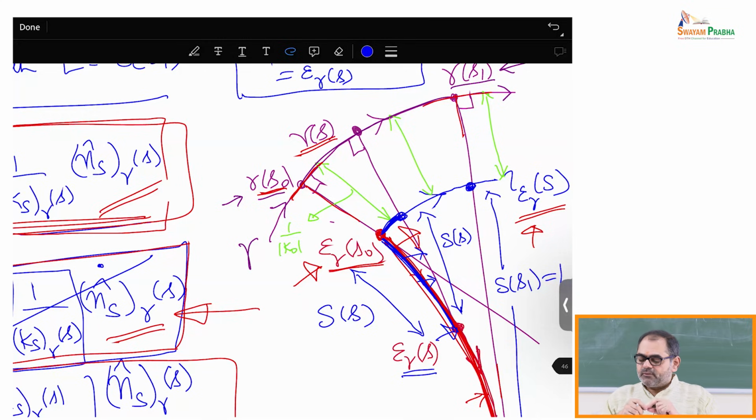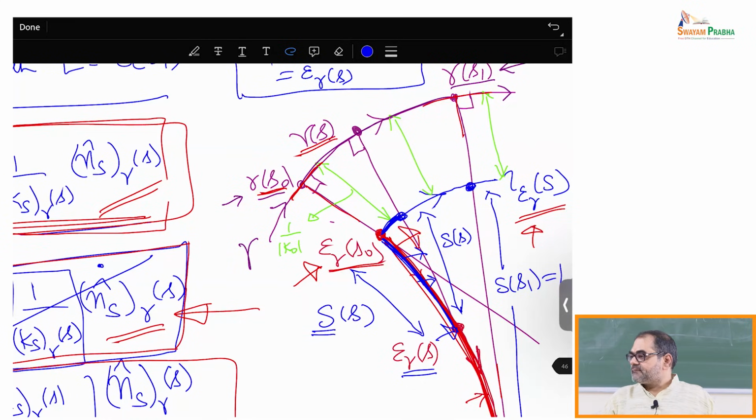Now when you parameterize the involute, you use the arc length of the curve of which you are taking the involute. So you should use the arc length of the evolute.